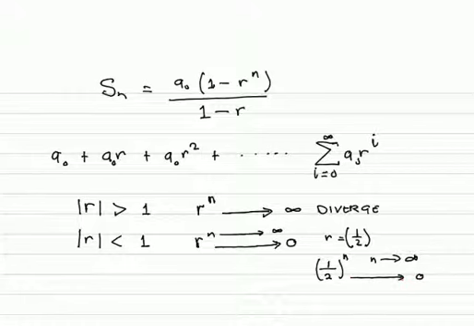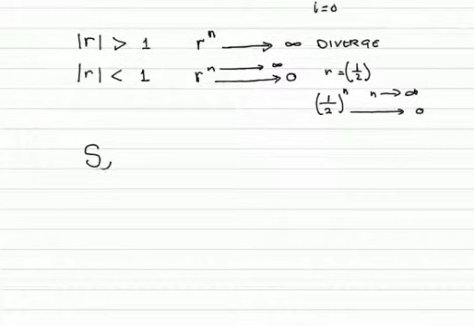So what does it mean for our expression? It means that as n goes to infinity, when the absolute value of r is less than 1, this part is going to shrink towards 0, which means the sum of the infinite series, S at infinity, is going to be a0 over 1 minus r.